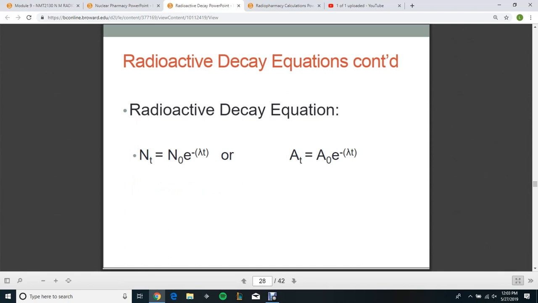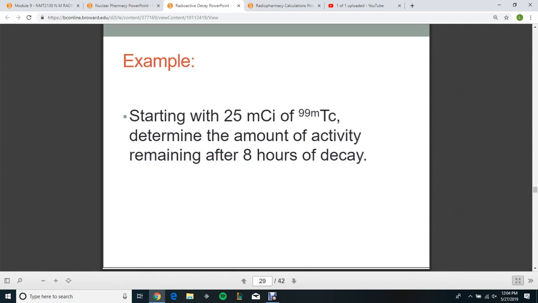Radioactive decay equation: activity at time t is equal to the original activity times e with the negative exponent of the constant times time.